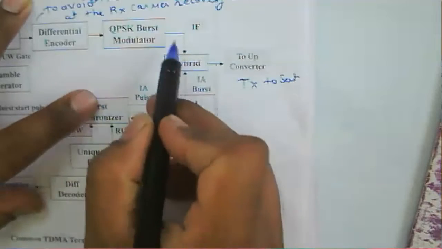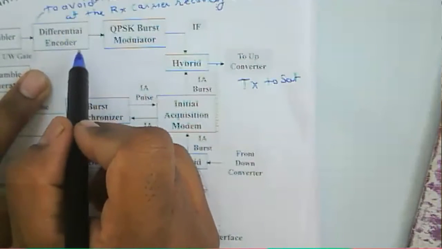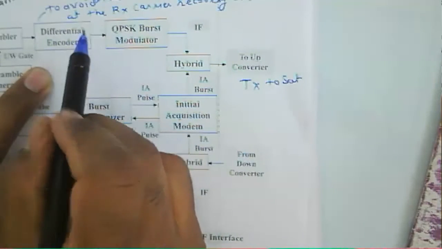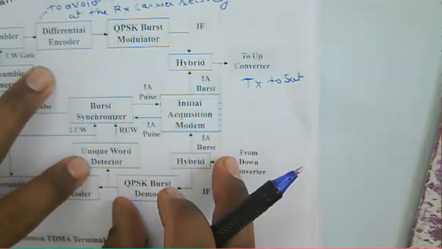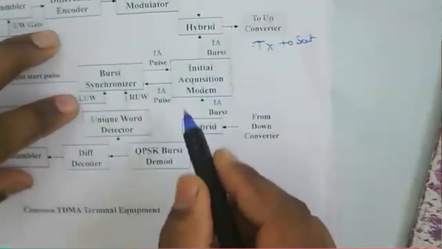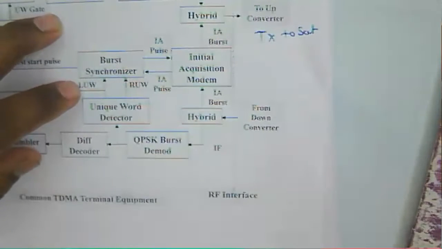Now we have this encoder, used to handle whatever errors are there. Similarly, at the receiver side, we have a QPSK demodulator.